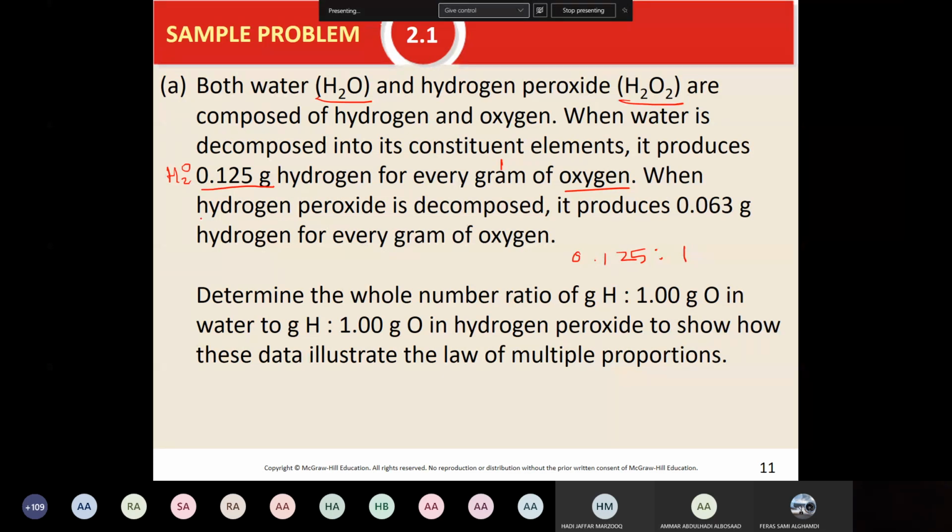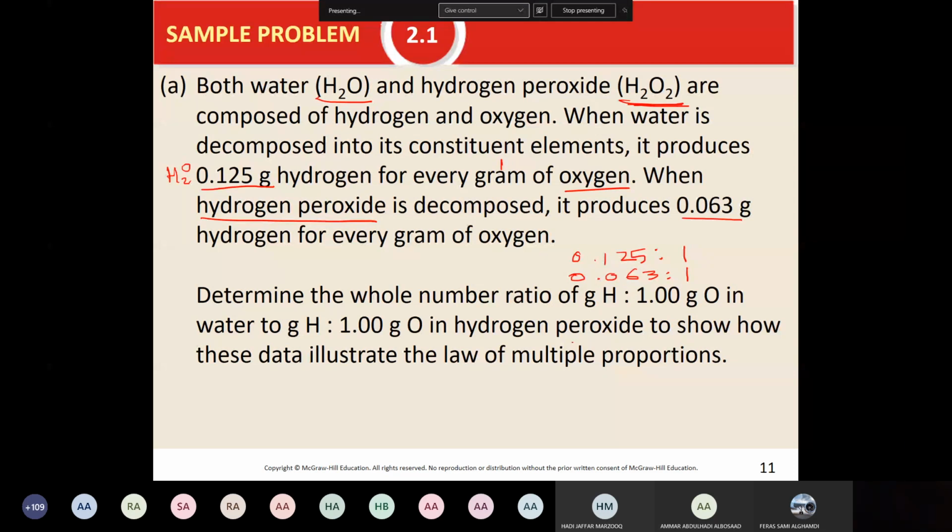In hydrogen peroxide, which is H2O2, the ratio is 0.063 gram of hydrogen to 1 gram of oxygen. So 0.063 to 1 oxygen.